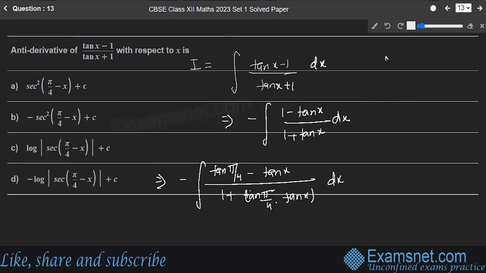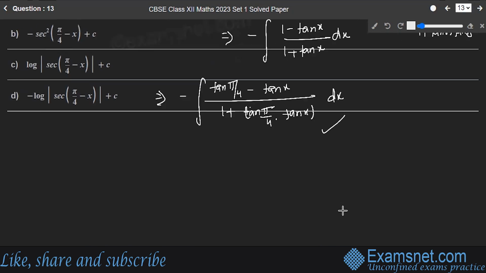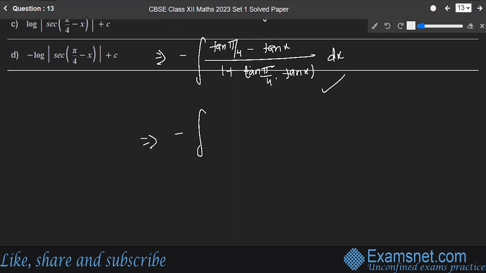You know, that is the formula for tan(A minus B), which is given by (tan A minus tan B) upon (1 plus tan A into tan B). So this is minus the integral of tan(pi by 4 minus x) dx.